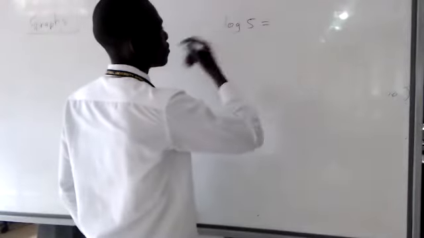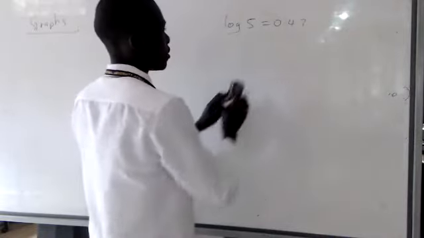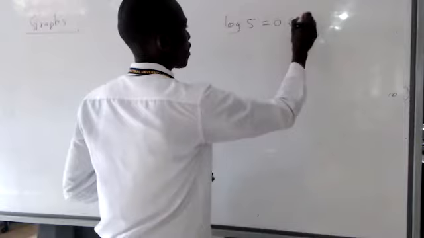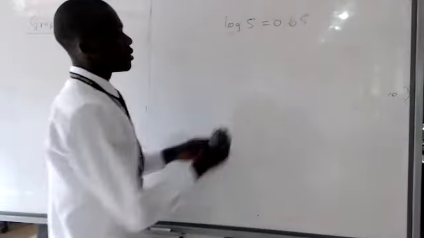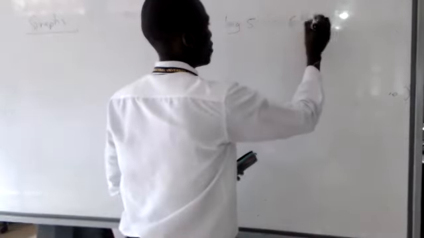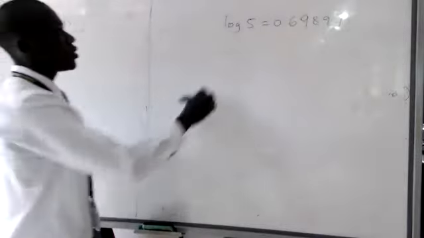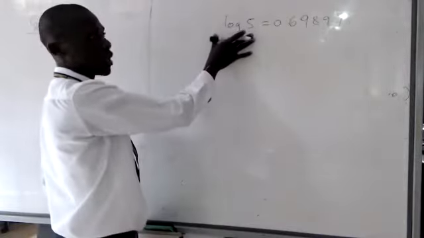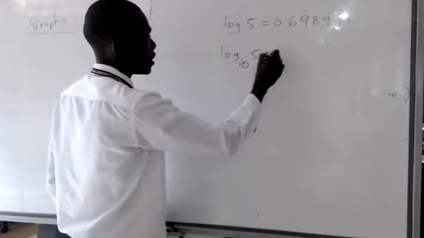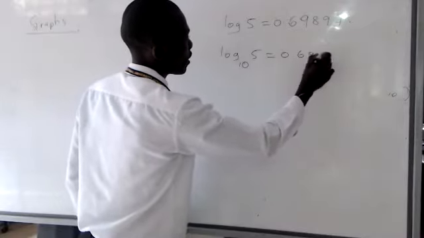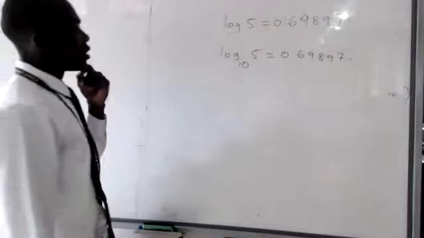It's 0.69897. So remember, when you just see log like this, it is to base 10. This means the logarithm to the base 10 of 5 is 0.69897.